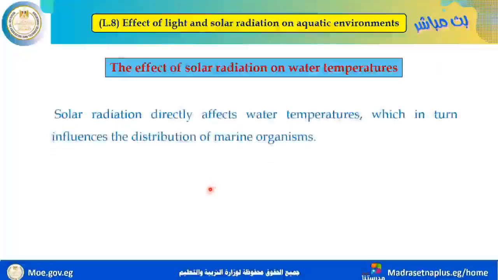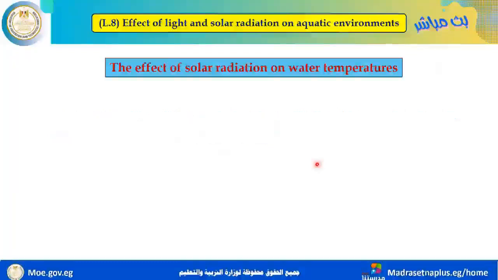Solar radiation directly affects water temperature, which in turn influences the distribution of marine organisms. So the temperature can control the distribution of marine creatures in different areas or different levels inside the ocean.